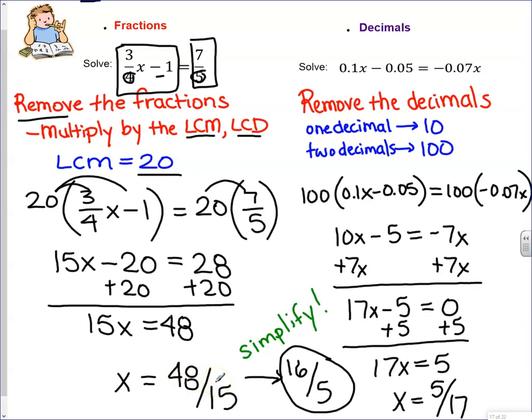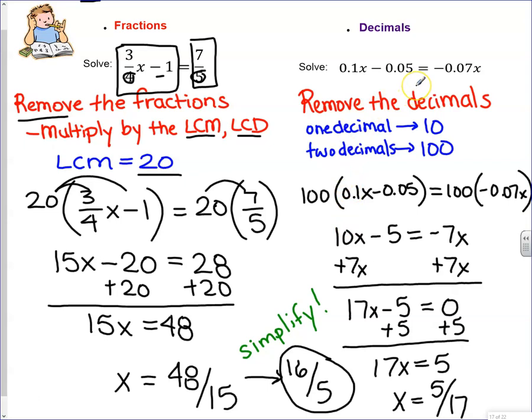And then if you have the graphing calculator, after you've put in 48 divided by 15 and enter, then go to the Math button, and click number 1, which says FRAC, which is for fraction, and then push enter again, and it will give you the simplified version of that fraction.